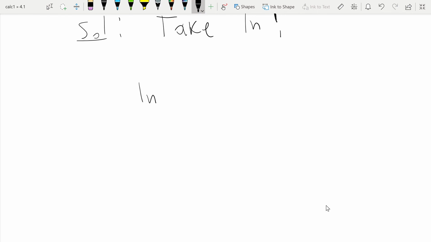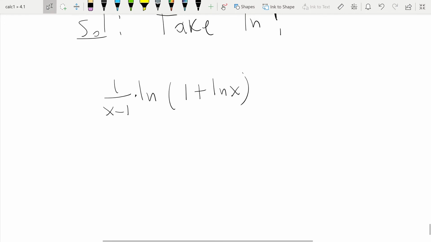So we end up with the natural log of 1 over x minus 1, remember that the exponent comes down multiplying the natural log of 1 plus the natural log of x. So this is the first step: take the natural log.